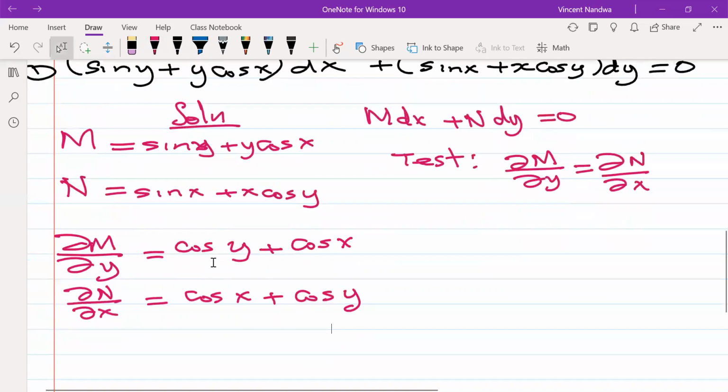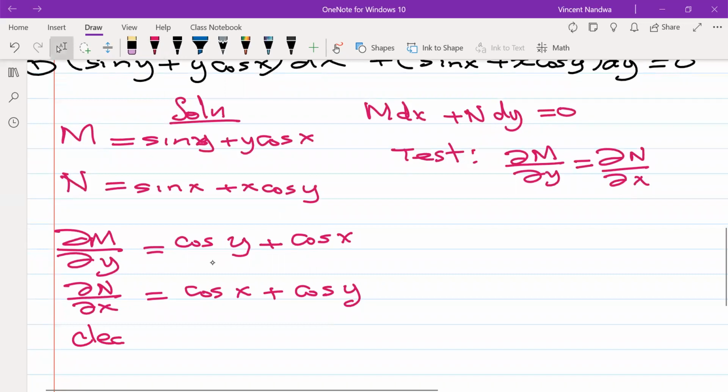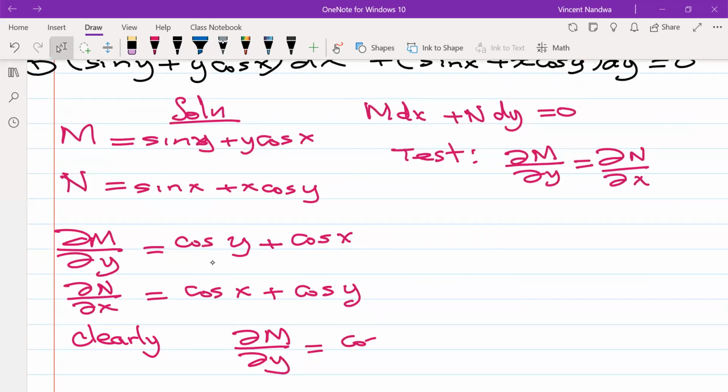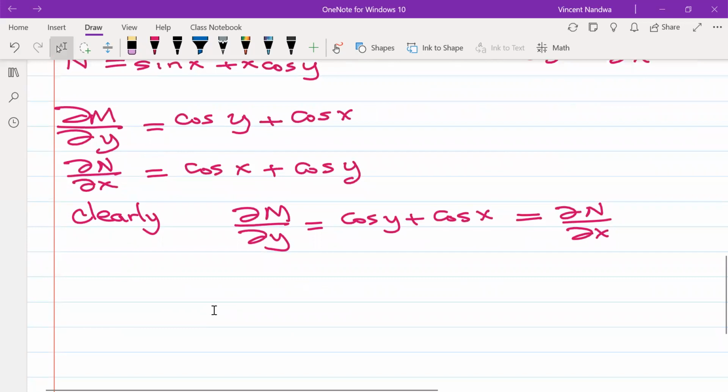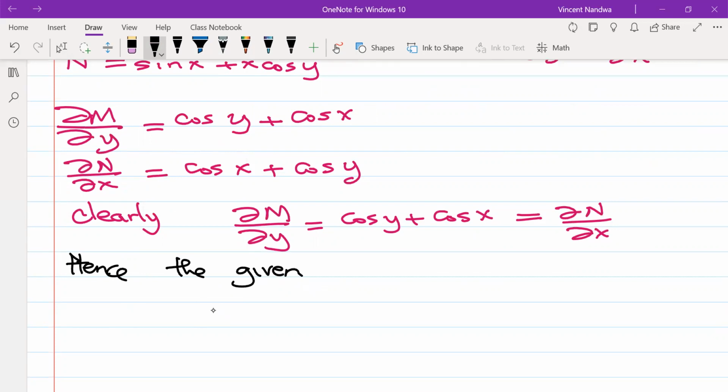And clearly, you can see that partial M partial y, which is the same as cosine of y plus cosine of x, is exactly the same as partial N partial x. So since partial M partial y equals partial N partial x, the equation is exact. Hence, the given equation is exact.